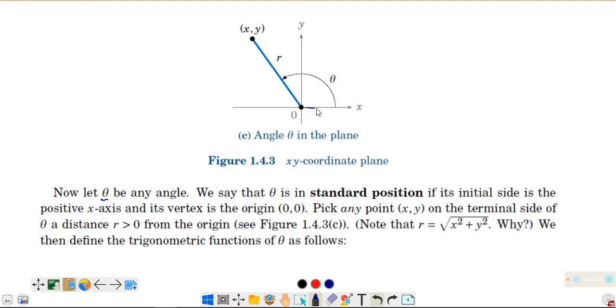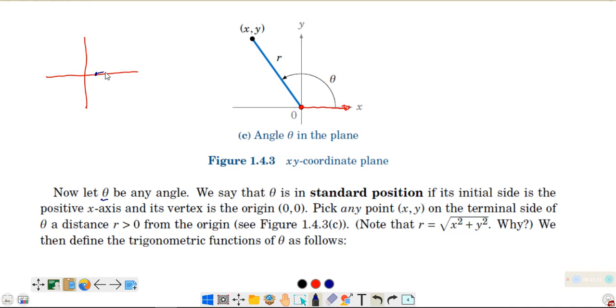If your initial side, gawin natin siyang red para mas visible, is the positive x-axis and your vertex is at the origin, we say that your angle is in standard position. To give you a more definite example, tingnan natin yung mga hindi nasa standard position.